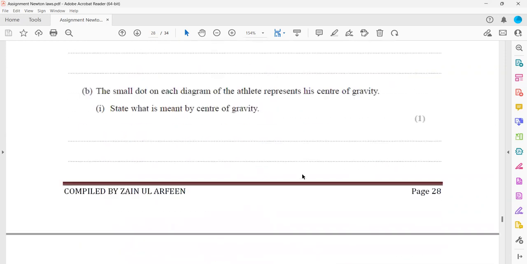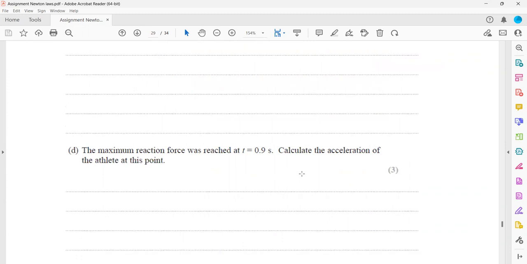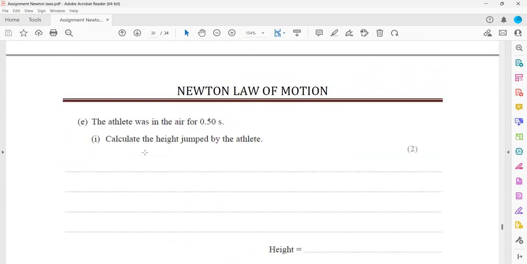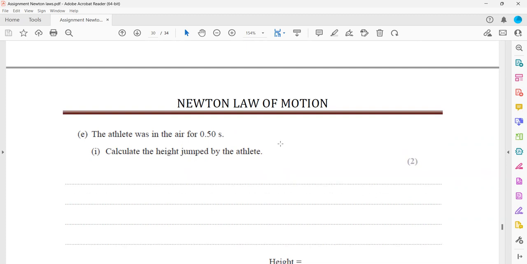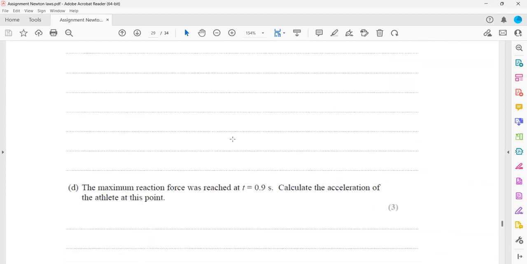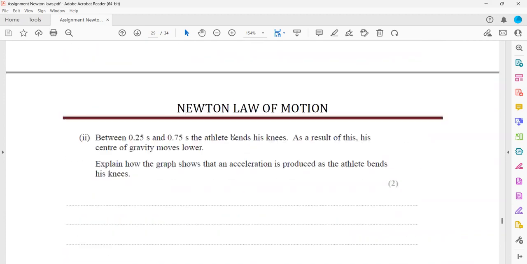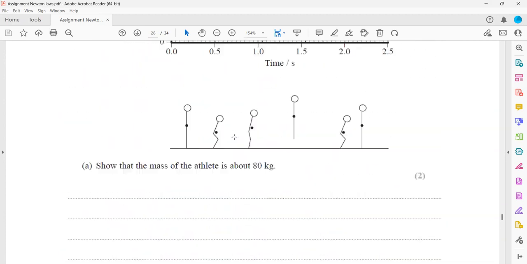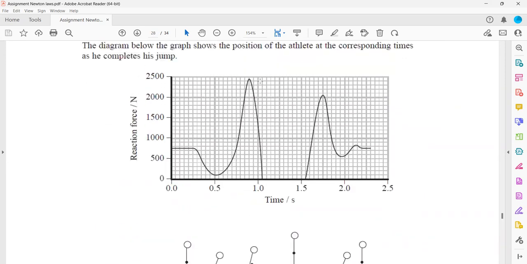So we just have to calculate the height jumped by the athlete, and he was in air for 0.5 seconds. About half a second he was in air.